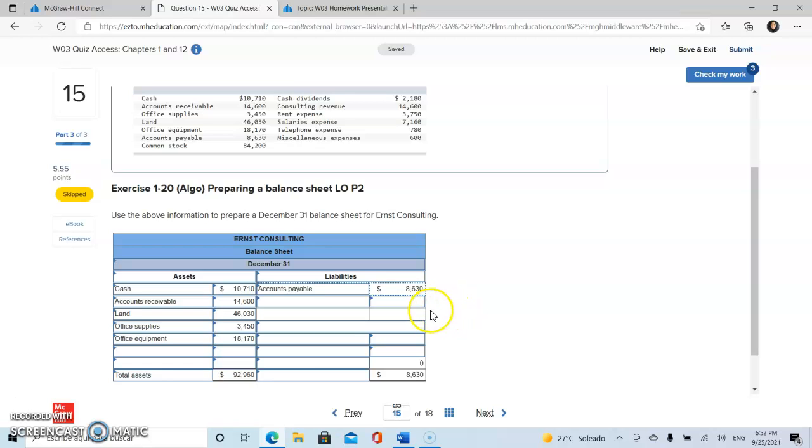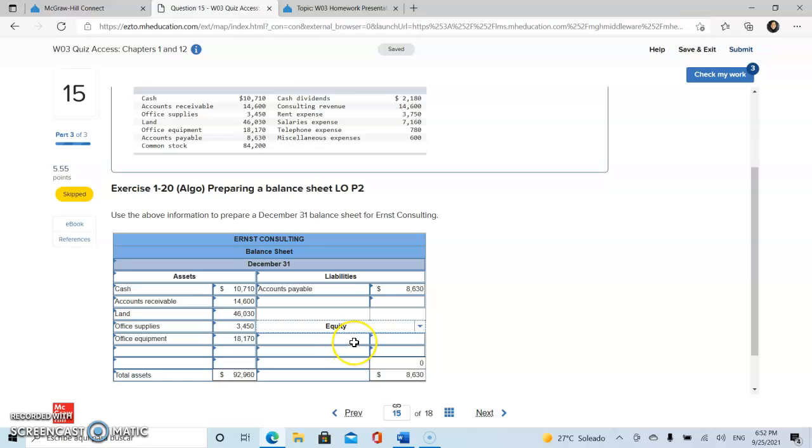Then we continue to put our equity. Equity is the owner's claim on assets, or the part of the business that belongs to the owners, any money they put into the business.